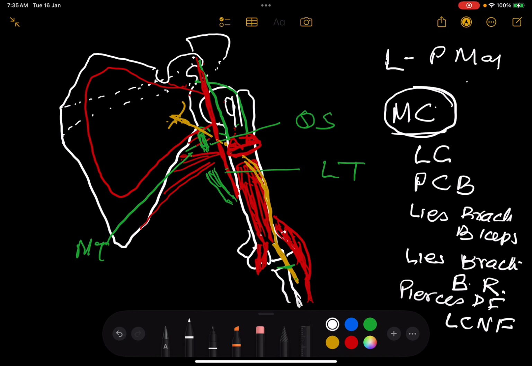But the medial pectoral would supply the pectoralis major and minor both. So the medial pectoral and lateral pectoral we've placed.